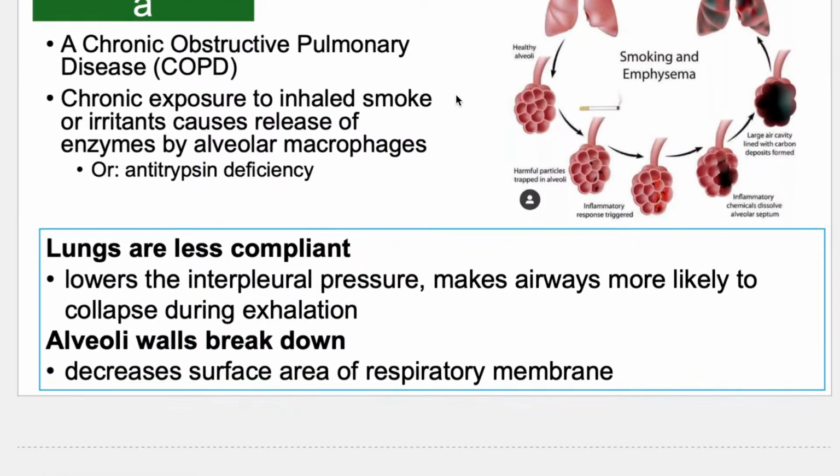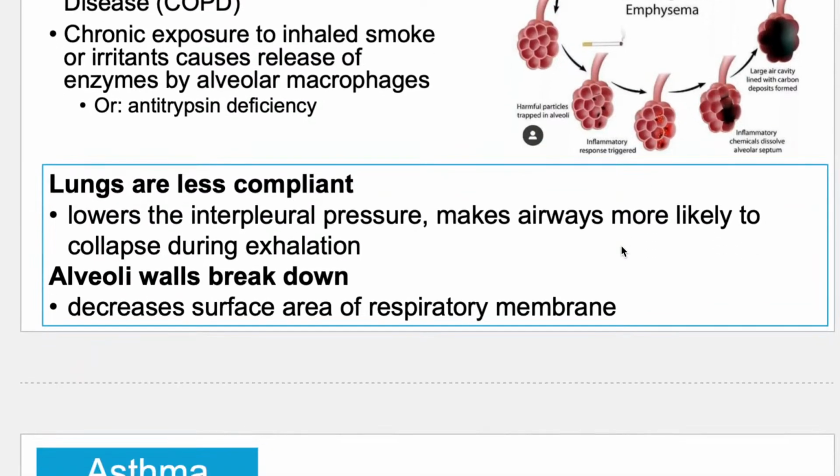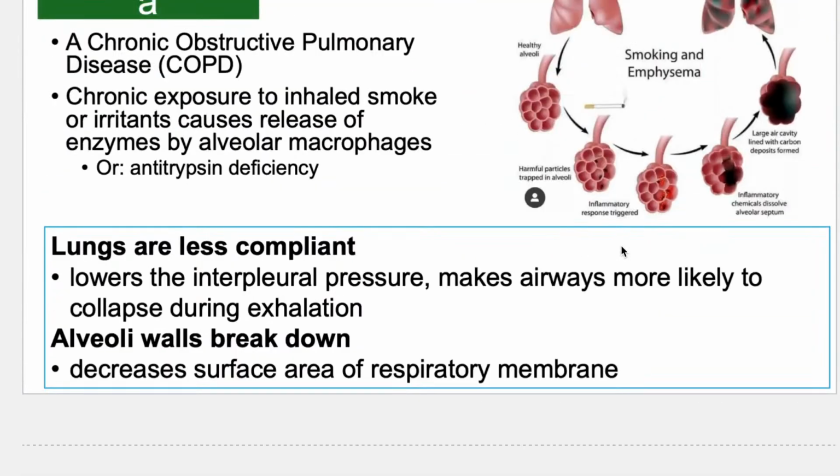Lungs become less compliant and the intrapleural pressure lowers, because the cavities are becoming bigger, and as we know, once it's bigger, the pressure drops. This makes airways more likely to collapse during exhalation, and alveoli walls break down, decreasing the surface area of the respiratory membrane.